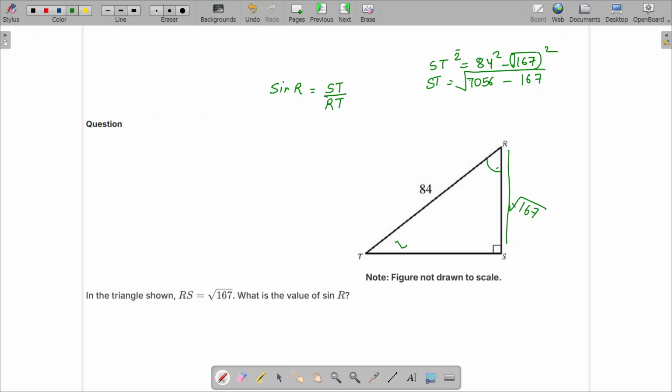Because I transfer the square to the other side, it gets converted into a square root. Now you have to do a simple calculation. After doing that calculation, you will get the answer as 83. Just plug in. ST is 83 and RT is 84. You got the answer. Don't convert it into decimals.